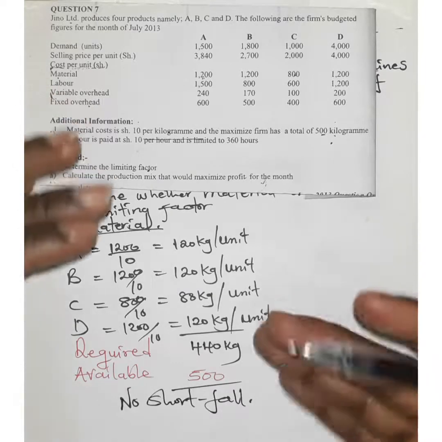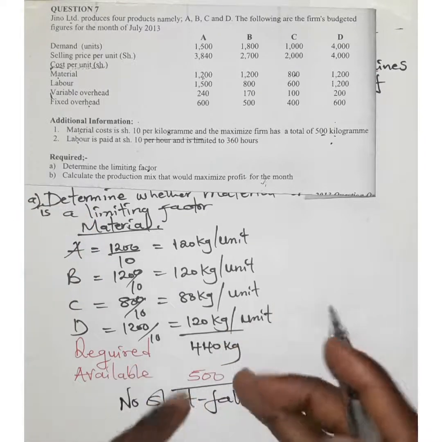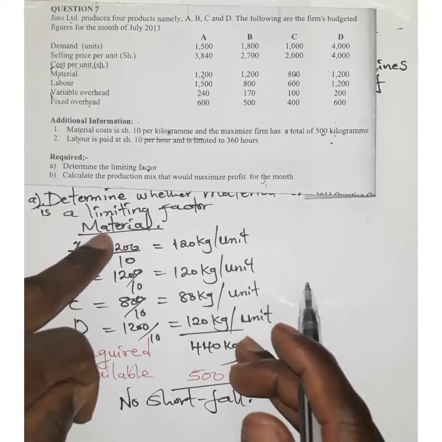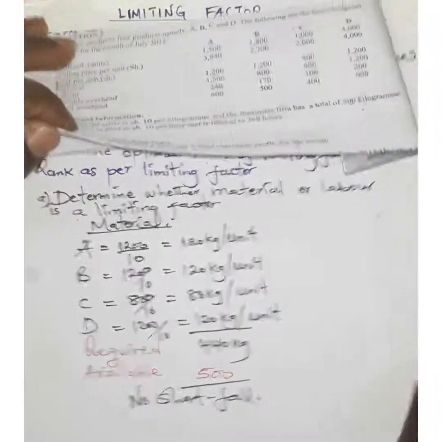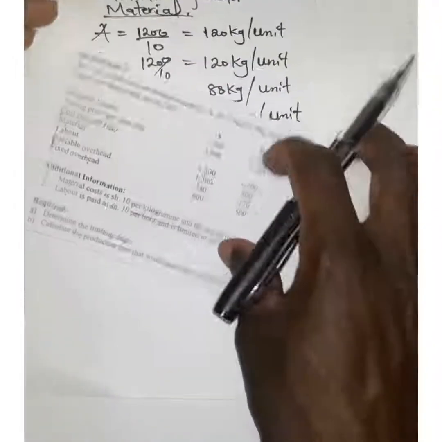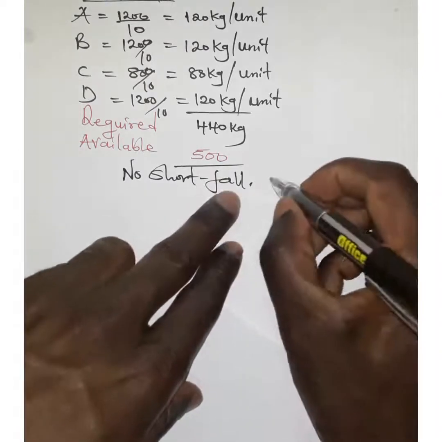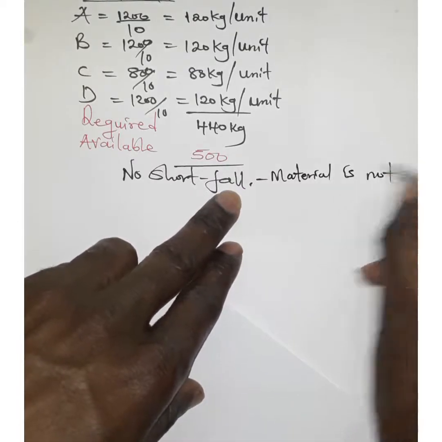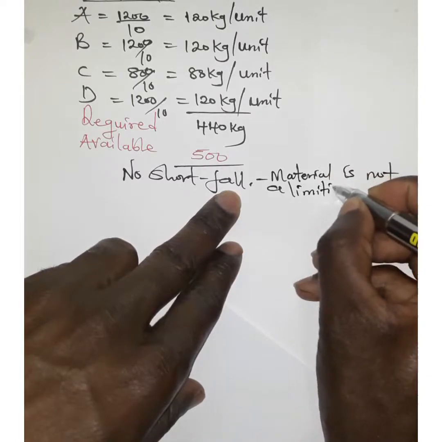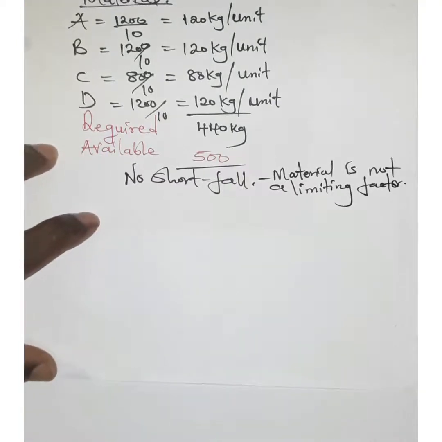Shortfall means this particular organization can comfortably work with what is available to produce, with material as a factor in production. After doing that, we can now consider the part requesting us to do something to do with labor. If there's no shortfall, it means that material is not a limiting factor, so we now proceed to labor.